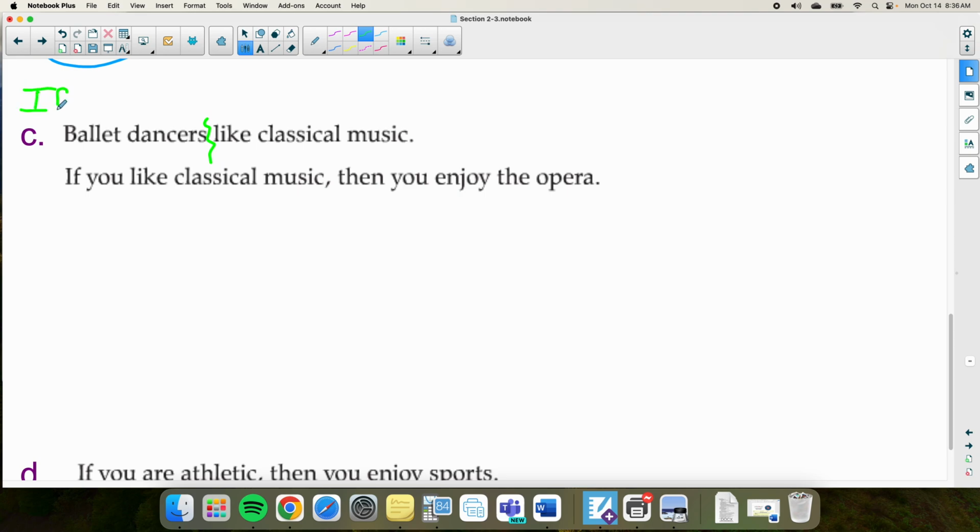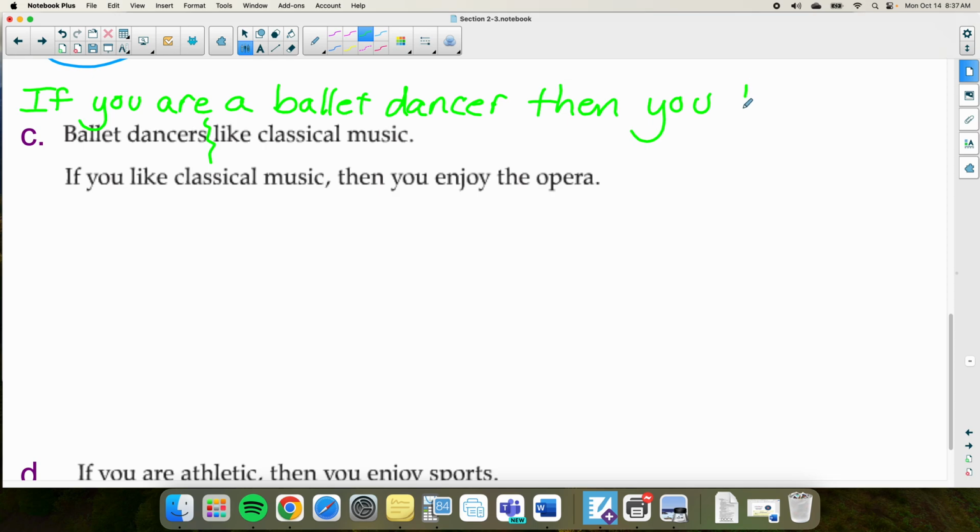So I'm going to say, if you are a ballet dancer, then you like classical music. So I just took that first sentence and I wrote it in if-then form, okay?